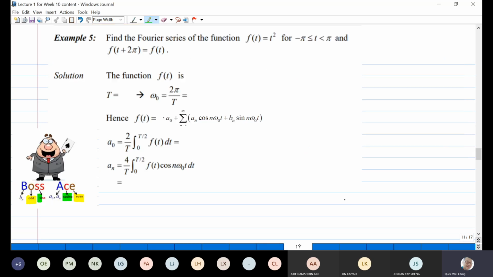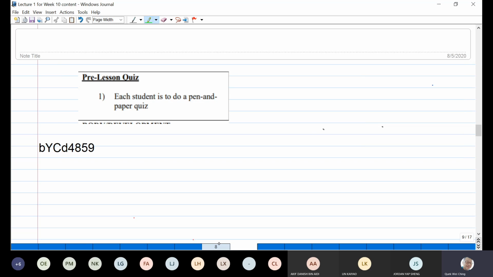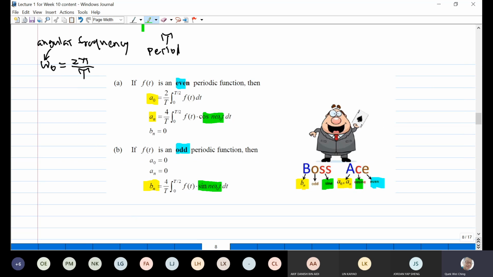For an even function, you can use this formula, and you notice that the formula is slightly different. All of them have a 4 here.